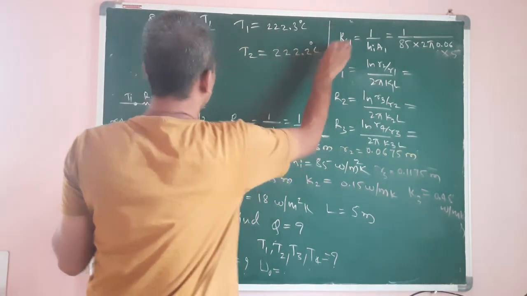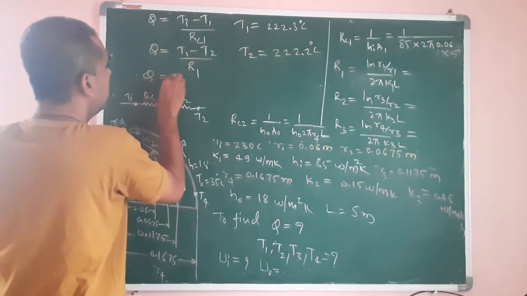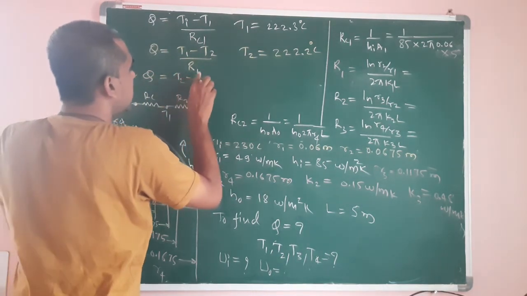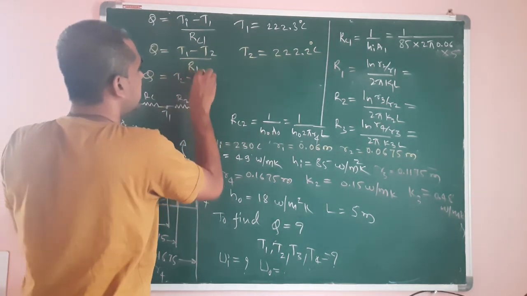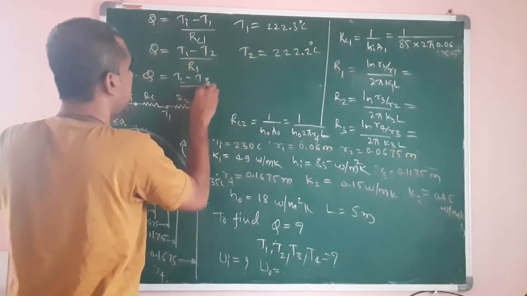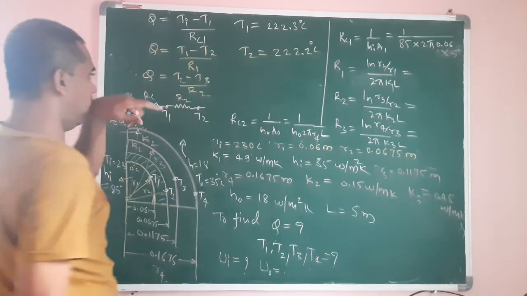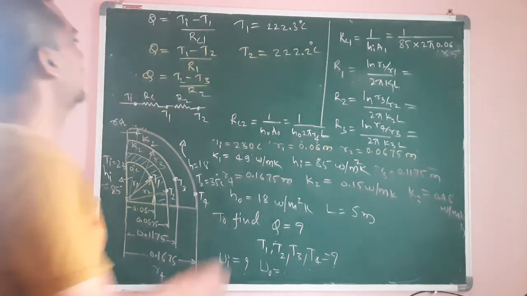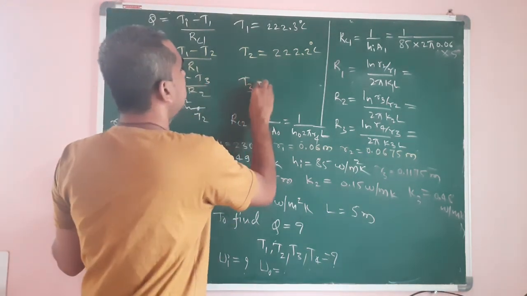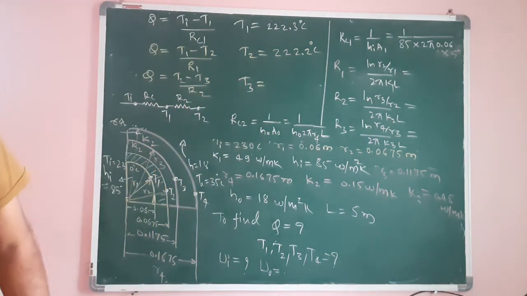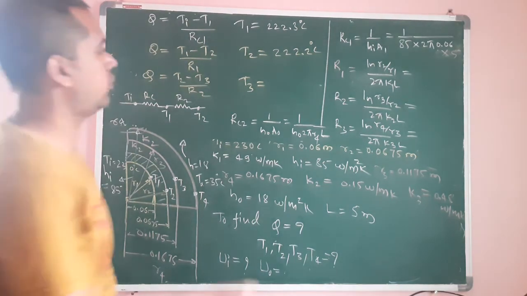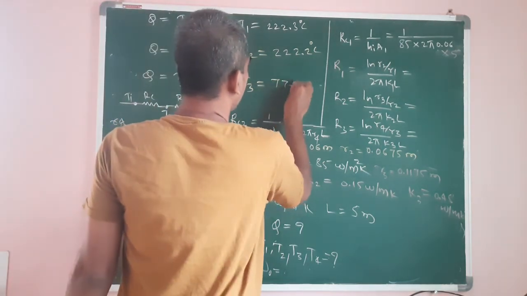degrees Celsius. In the similar way, Q is equal to T2 minus T3 divided by R3. If you calculate R3, you will get T3 is equal to 77.04 degrees Celsius.